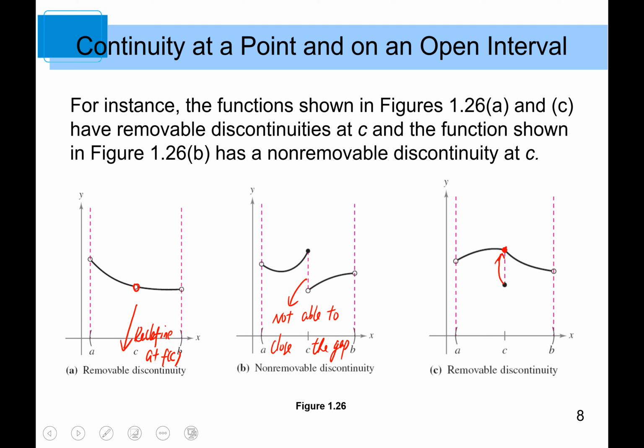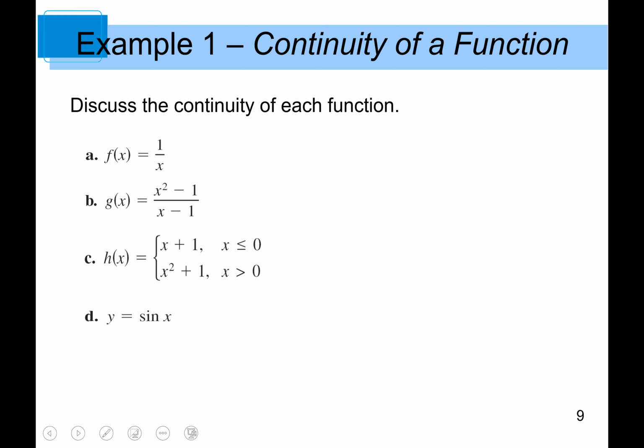Okay, so let's discuss the continuity of each function. The first one is a rational function. We know that the domain is x not equal to 0. If x equals 0, then that's a discontinuity, right?